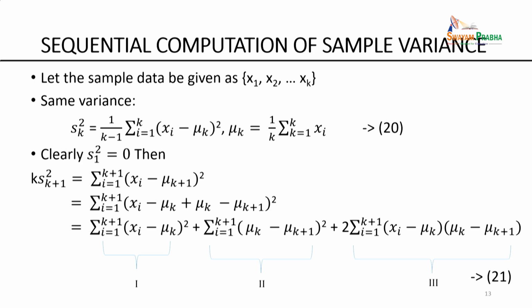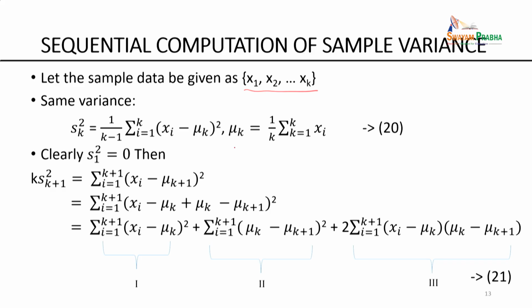Just like we were able to update the average, or the mean, sequentially, I should also be able to update the variance sequentially. So we are given a sample x1, x2, ..., xk. In the previous slide, I assumed the observations were z1, z2, ..., zk. Now I'm assuming the observations are x1, x2, ..., xk.